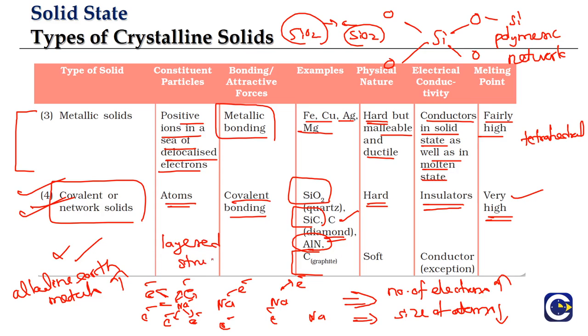So we'll have a hexagonal layer of the carbon graphite between one layer and the other layer. So this is, let's say for example, we have layer 1 and layer 2.